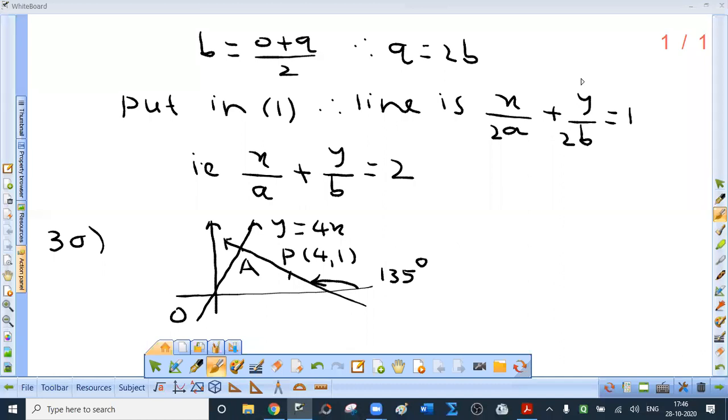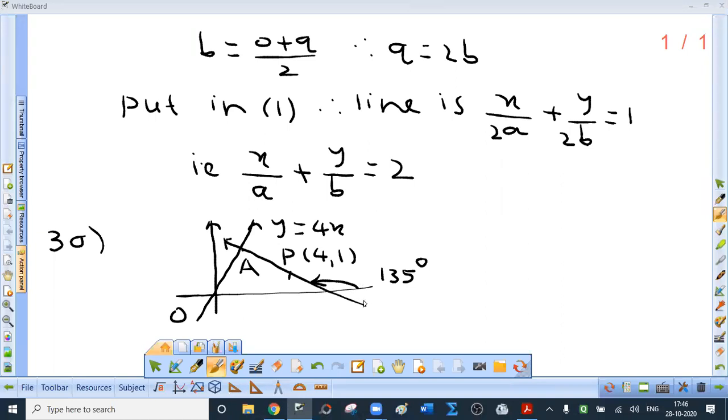Sum number 30. Find the distance of the line 4x minus y equal to 0 from the point (4, 1) measured along the line making an angle of 135 degrees with the positive x-axis. See, usually by distance we mean perpendicular distance because it is the shortest one. But here we are asked to find the distance from the point (4, 1) but measured along the line which makes 135 degrees with the positive x-axis.